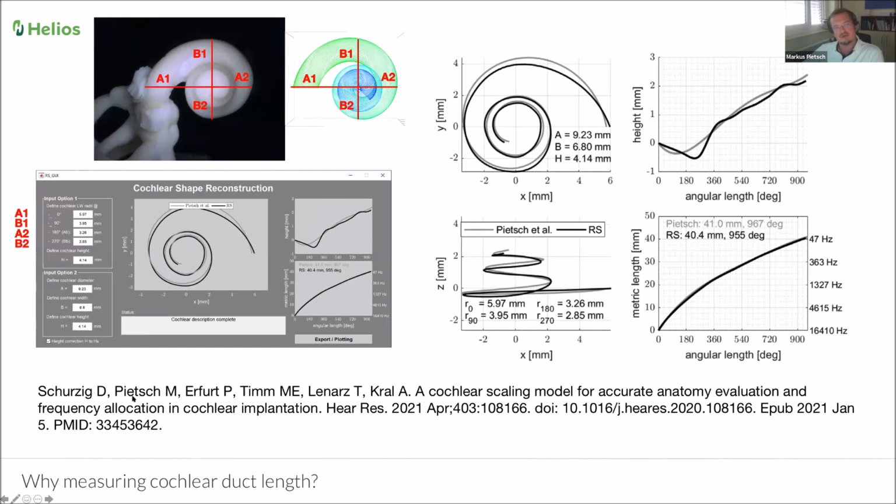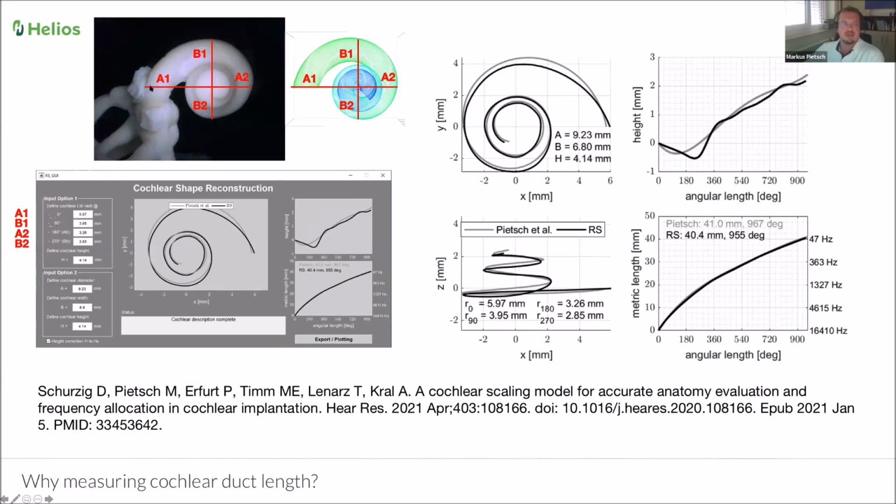We published a new model that is an improvement of this former model, and you can see here the model is programmed in a visual software that you can download, and you can use this software to calculate your own predictions from measures you get from your clinical CT or MRI.